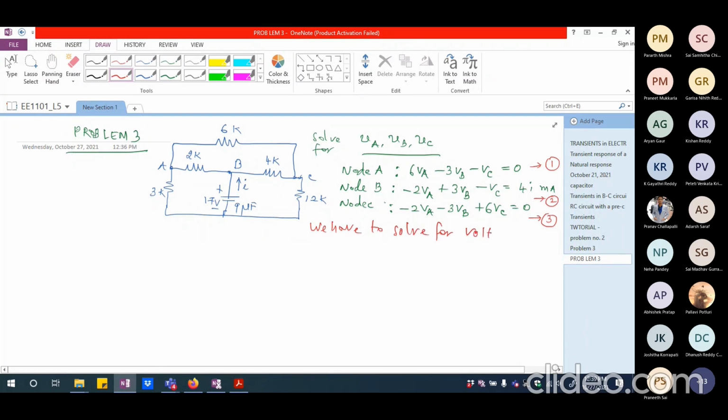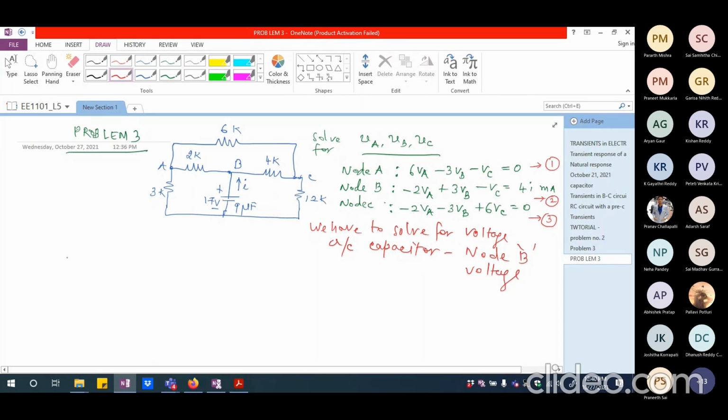This is essentially the same as the node B voltage. Both are one and the same. So let us first try to eliminate maybe VA and VC. That will actually help us.